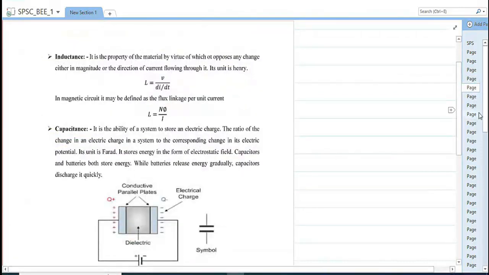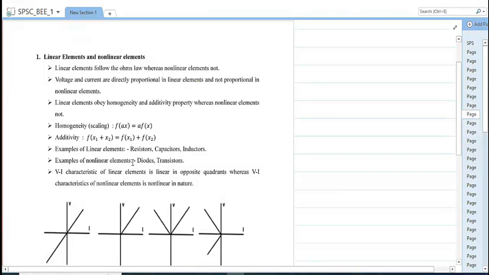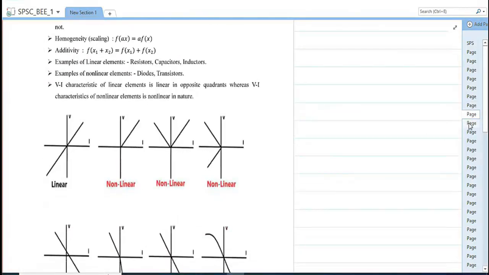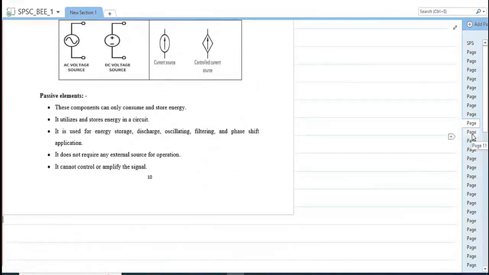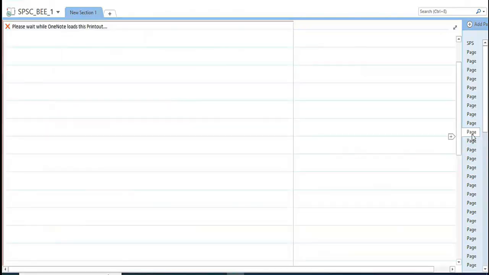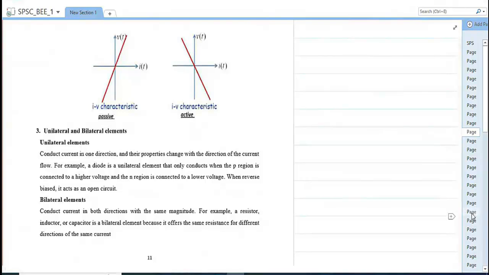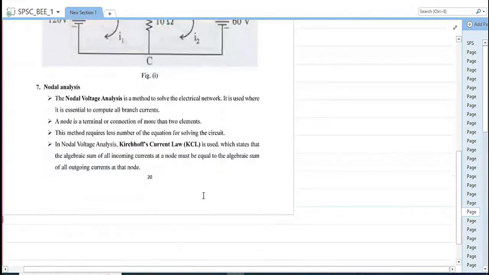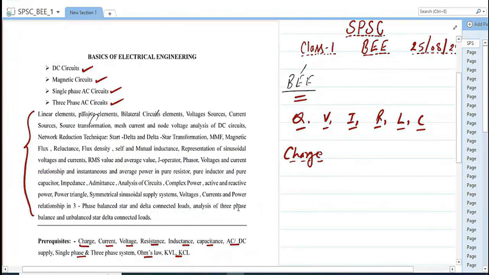Here you will see what is inductance, capacitance, how they behave, the symbol of resistance, the properties of resistance, linear elements, non-linear elements, unilateral element, bilateral element, current source, voltage source. I have designed these notes according to the syllabus, and this is very concise in nature. Unilateral network, bilateral network. There are nearly 50 pages for this subject, basic electrical engineering, and we are discussing our first topic, that is charge.